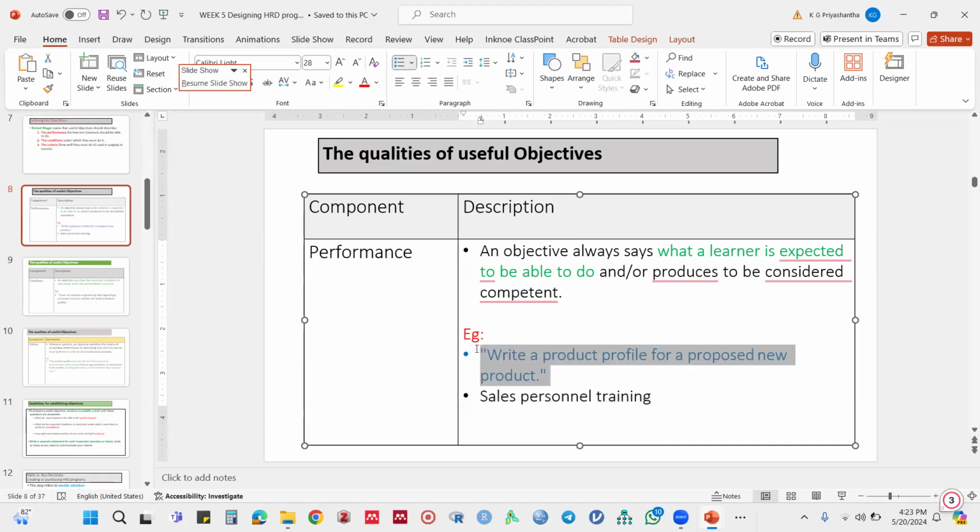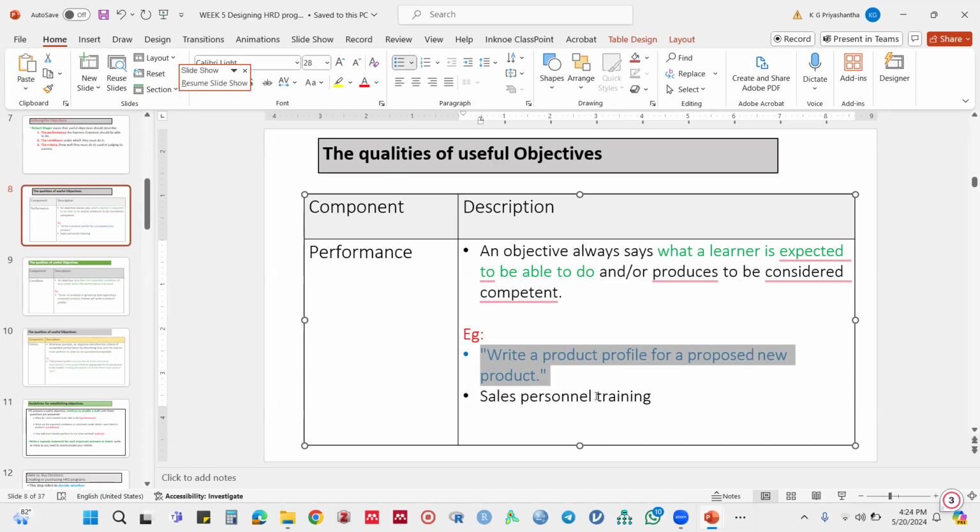That kind of performance outcome needs to be reflected in the objective. For example, in sales personnel training: write a product profile for a new product. The proposed new product may be product A, B, C, D, or E, something like that, right? For a given product, you must be able to write a product profile, product information, profile information.